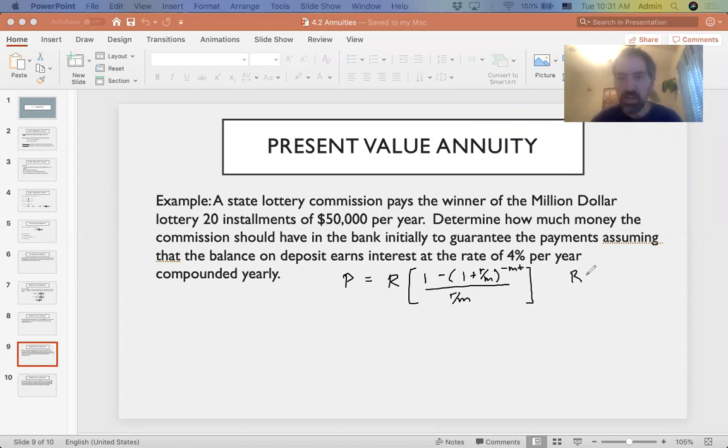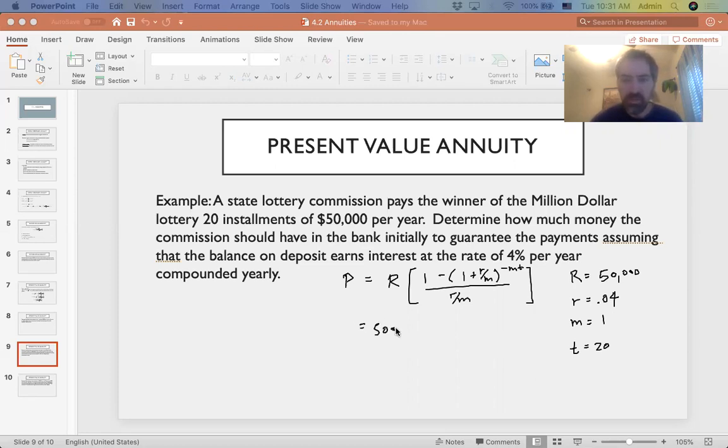The capital R is how much our payments are. This one is $50,000. The small r is the interest rate, 4%. M is 1, since it's compounded yearly. And for how long? We've got 20 years.